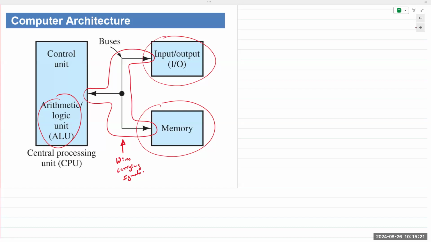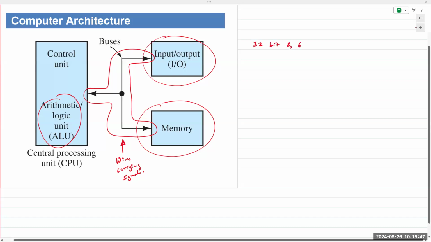Depending on how many bits can be transferred in parallel, we say that the architecture has 4-bit, 8-bit, 16 bits, 32 bits, or 64-bit. The most common ones in consumer computing systems used to be 32-bit, and now we have 64-bit.